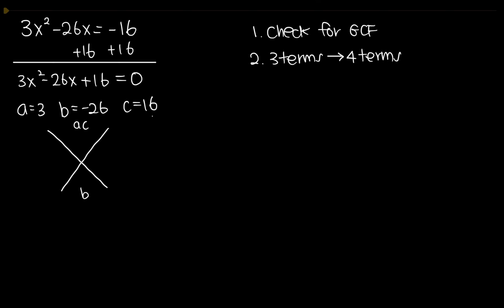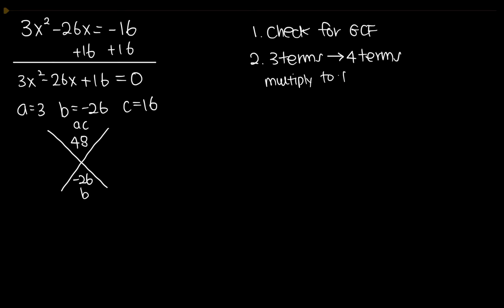So 3 times 16 is going to give me positive 48. Now the bottom is going to be negative 26. We have to come up with 2 numbers that will multiply to the top and add to the bottom.